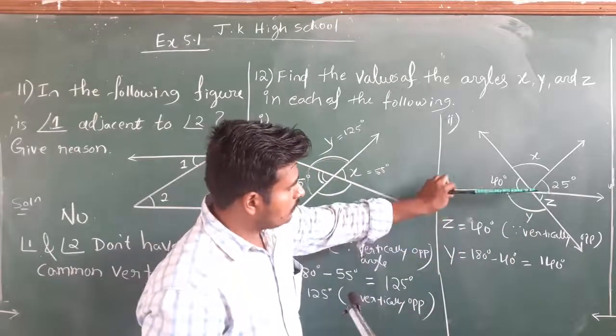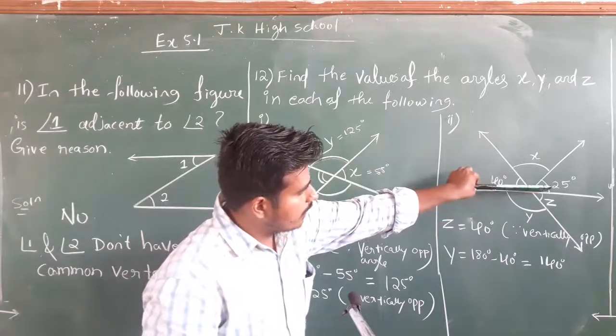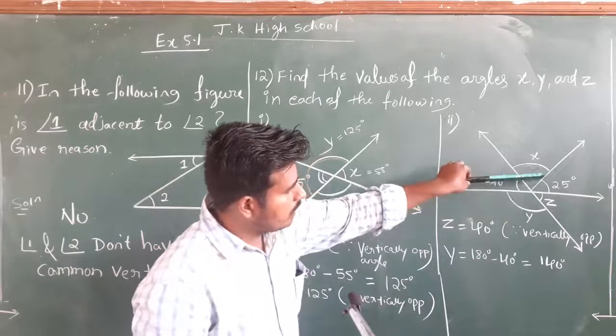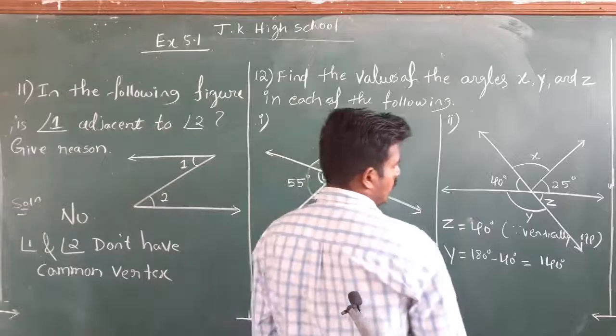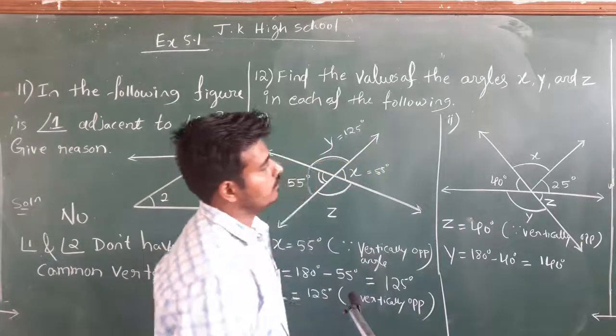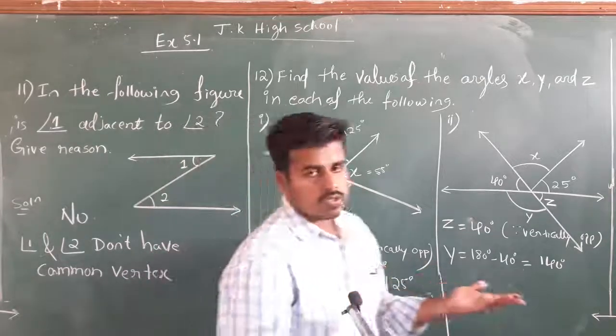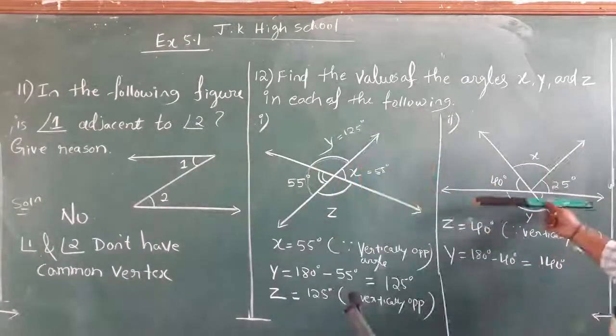But I know this y is equal to x plus 25. So x is going to be how much? Or you can also find the value of x like this.